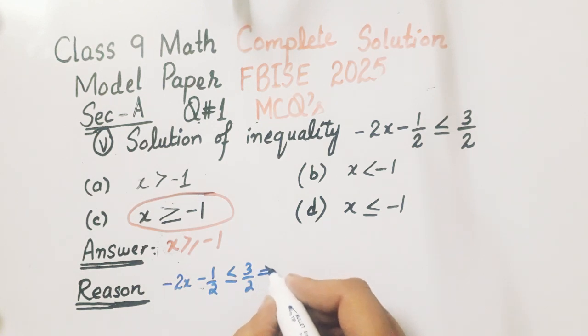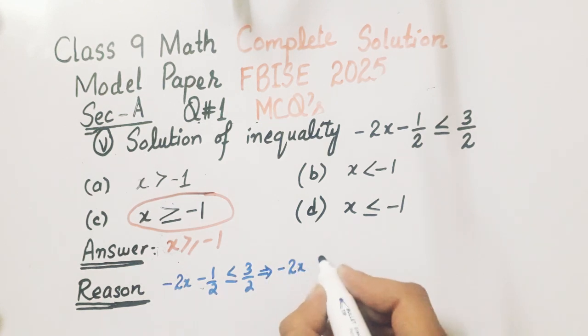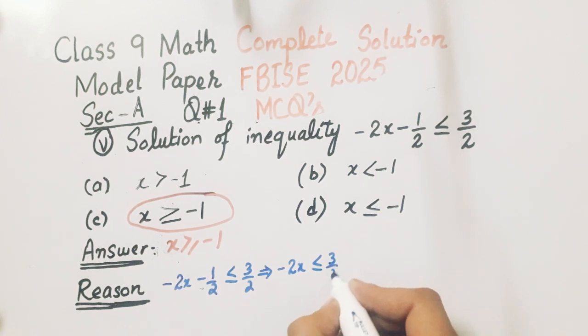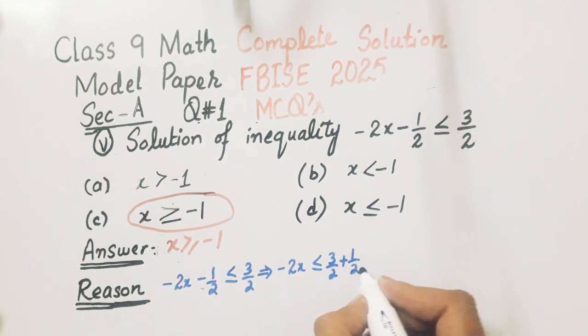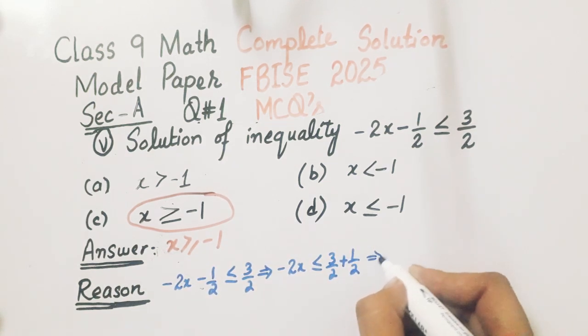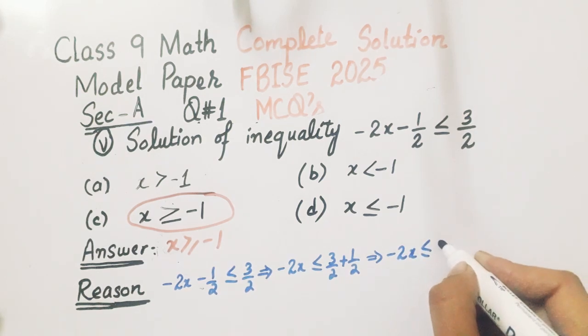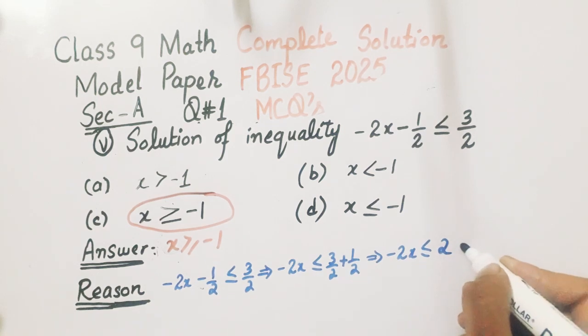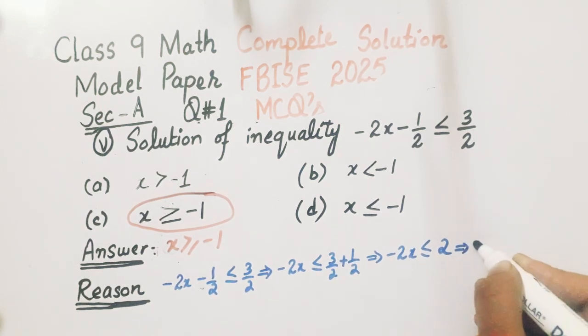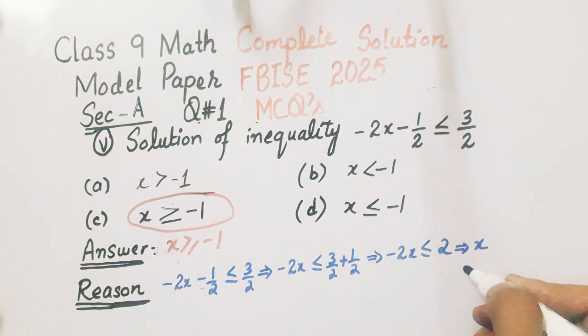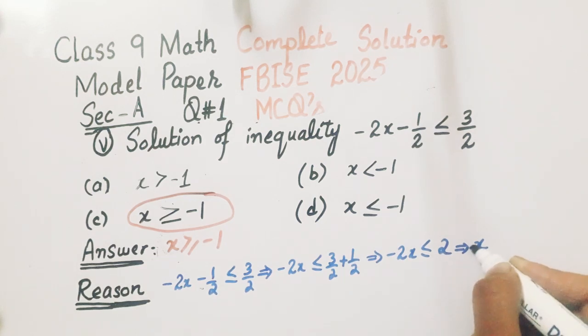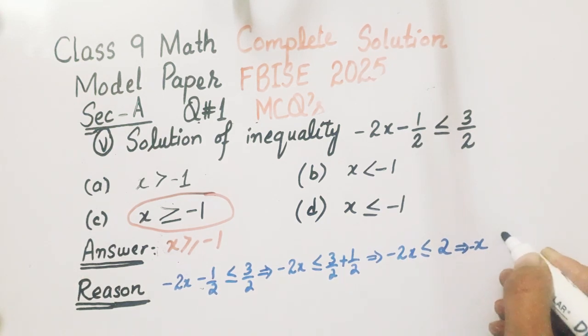So we have minus 2x is less than or equal to 3 by 2 plus 1 by 2. So this gives minus 2x is less than or equal to 4 by 2. 4 by 2 becomes 2. So minus x is less than or equal to 1.